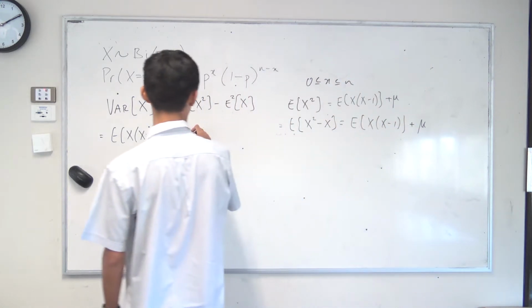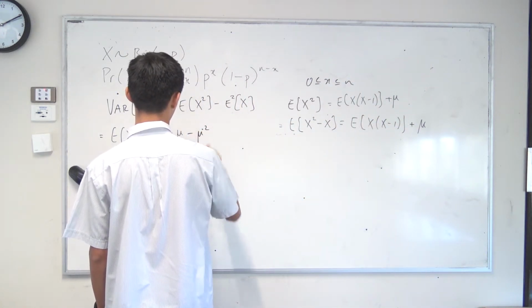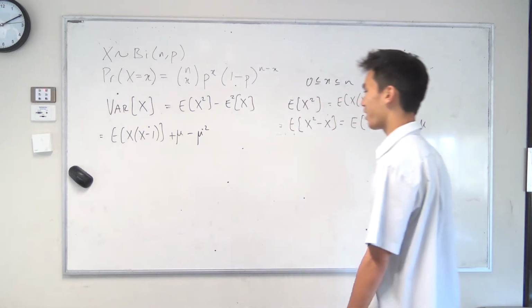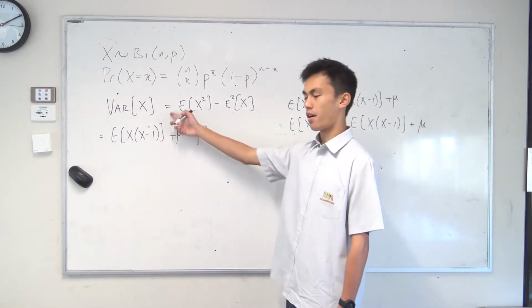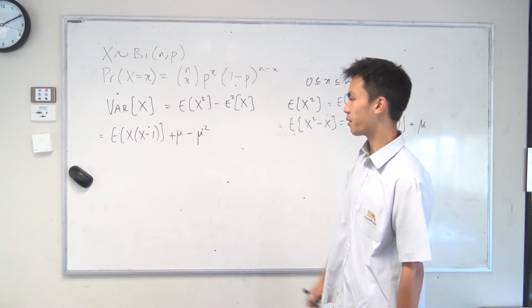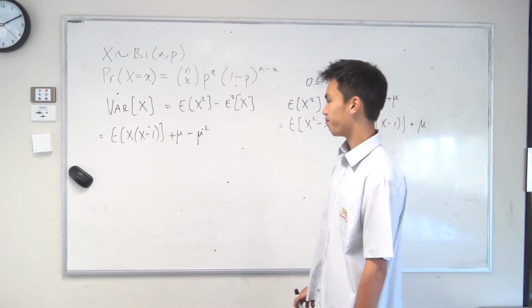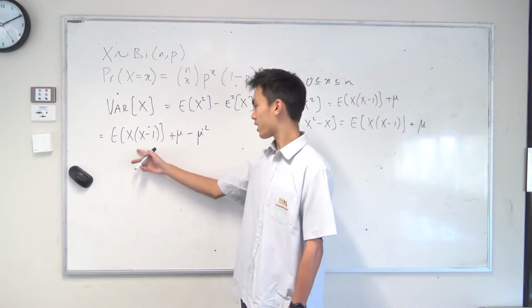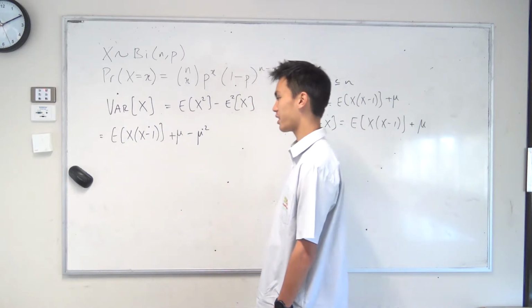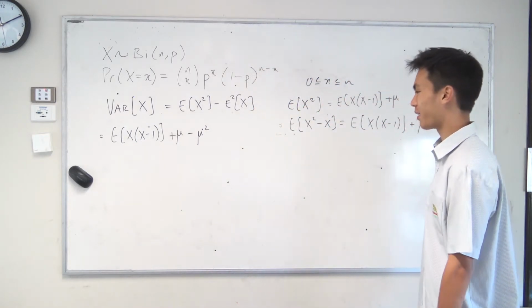So this is going to be minus mu squared, like so. Alright, very nice. So we found that the variance of x is equal to this thing right here. We've transformed things a bit nicely, and now all that's really left to do is calculate this thing right here. That's going to take up the bulk of the video, I guess.